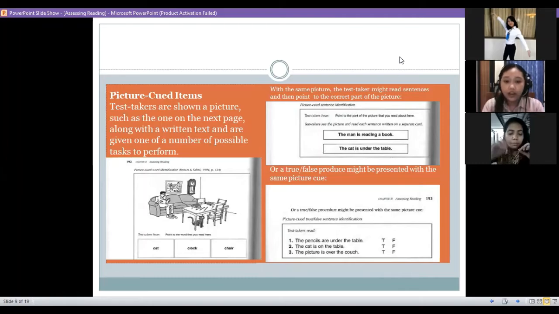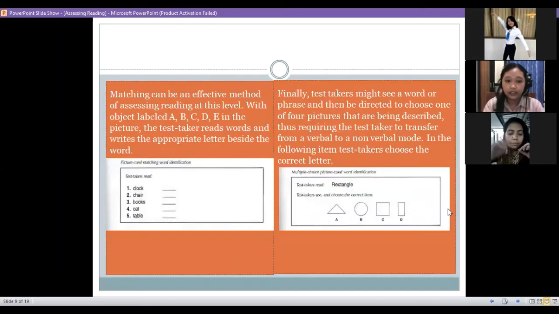And then a true or false procedure might be presented with the same picture too. For example, picture-cued true or false sentence identification. In the example, the test taker reads number one, the pencils are under the table. If the correct answer is true, you can circle true, or if the correct answer is false, you can circle false.